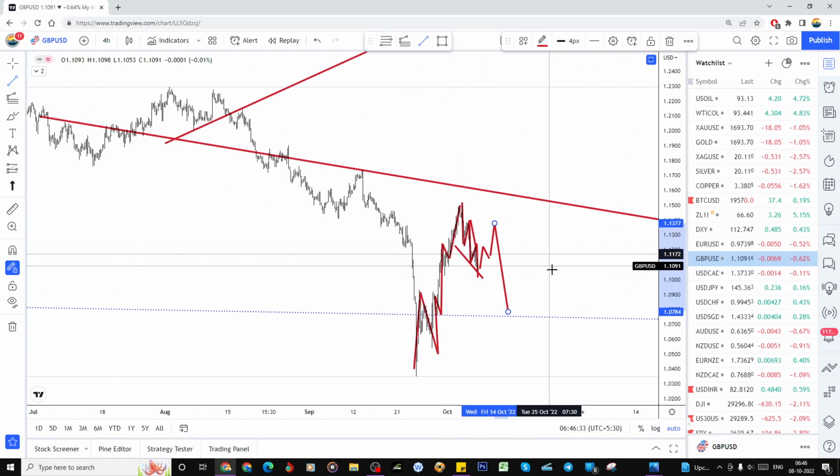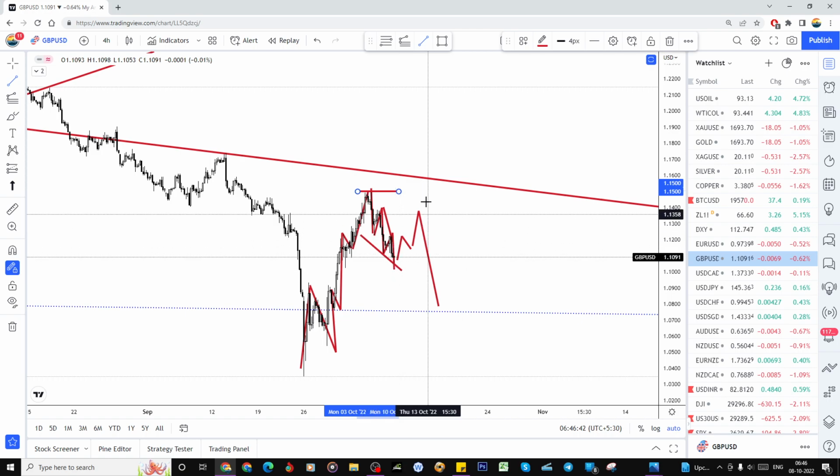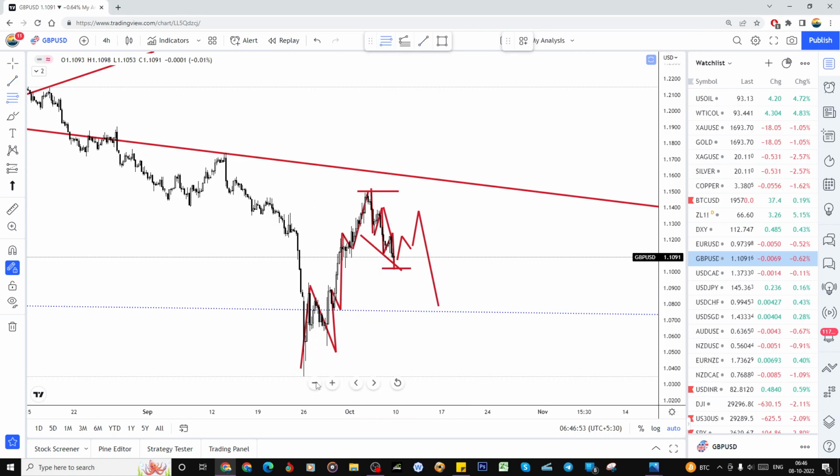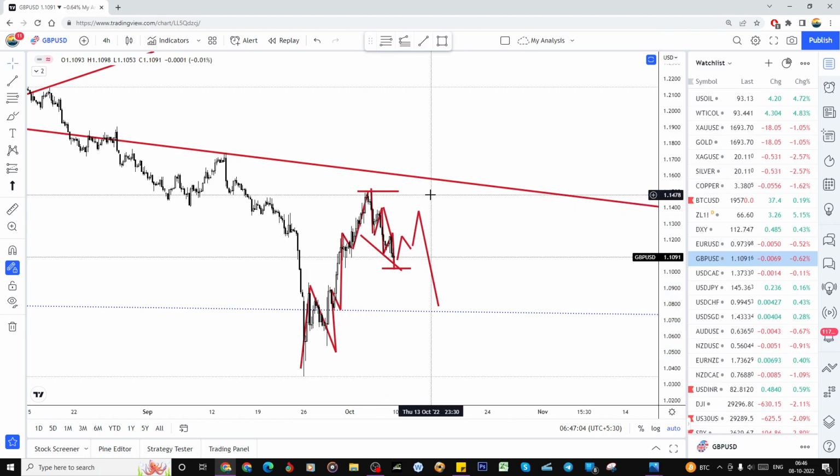If you want to trade intraday or shorter term, you can make this your stop loss, and if it reaches here you can go for the sell, with the target to break this one. You can use the Fibonacci also. So this is the target, and again a 1:2 risk reward will be there, so you just go for that.